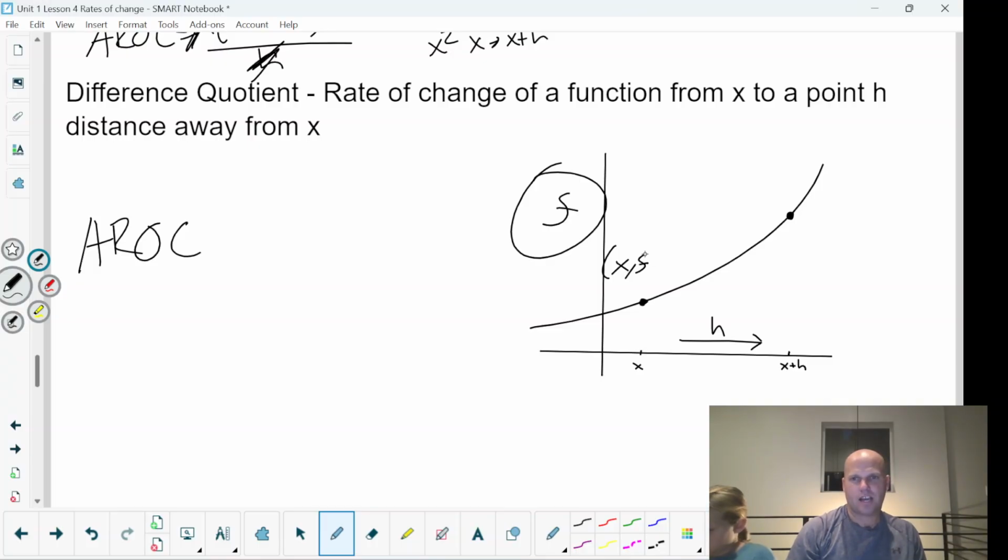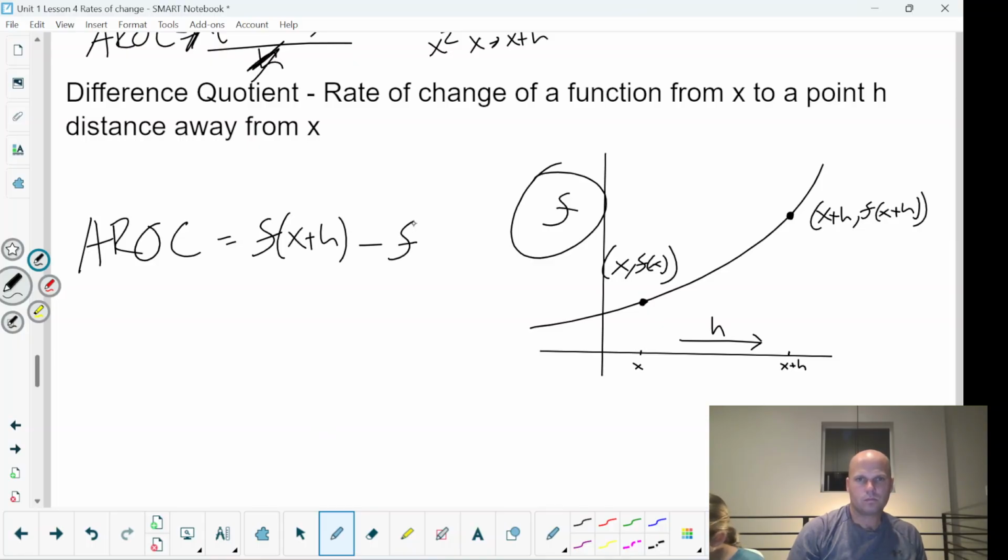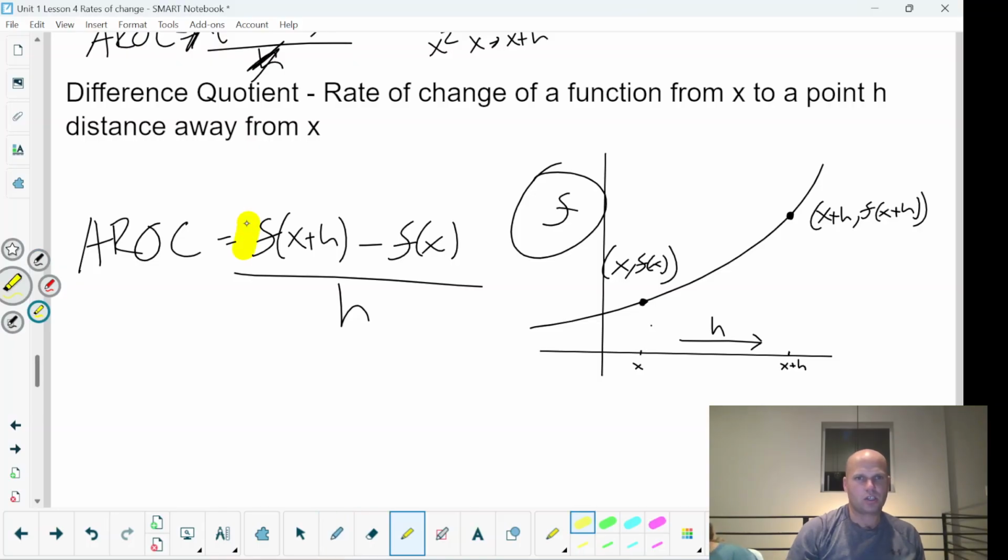We'll have x comma f of x as one of the points, and the other point will be x plus h comma f of x plus h. Cool? And we'll just use the slope formula of this. Then x plus h minus x is just going to be the distance h. This is a quick formula for the average rate of change of any function with 2 points, 1 point x, 1 point h distance away from x.